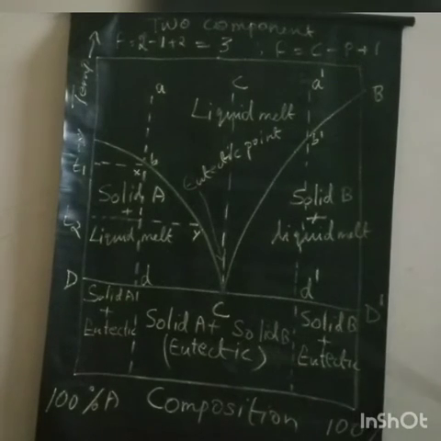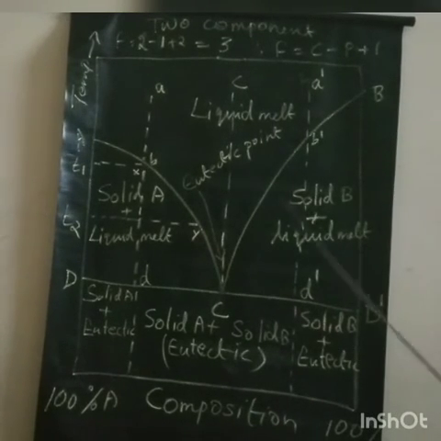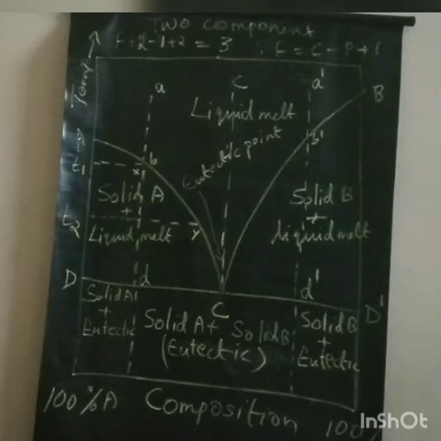These two areas are bivariant. Clear? Only solid A and solid B will be there. So that is regarding the areas.